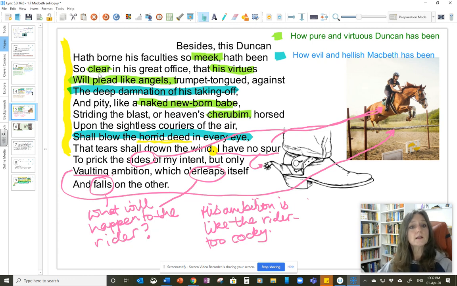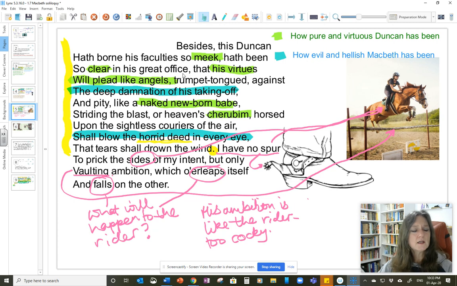So he's been so clear in his great office. So as he's been king, he's made good, clear decisions. He's been really clear in what he desires. So, for example, like the execution of the Thane of Cawdor, it was very clear that he wanted that done, even though he wasn't there to officiate himself.